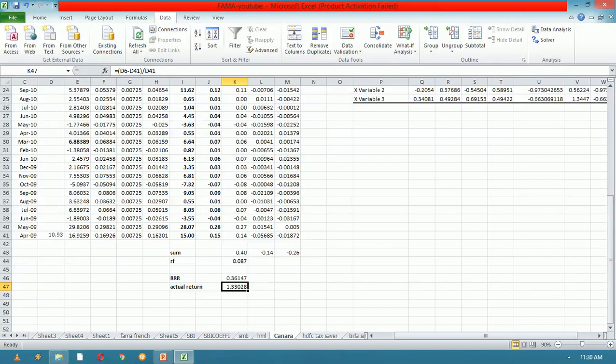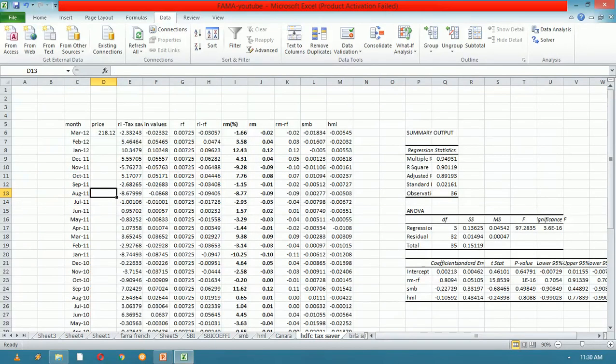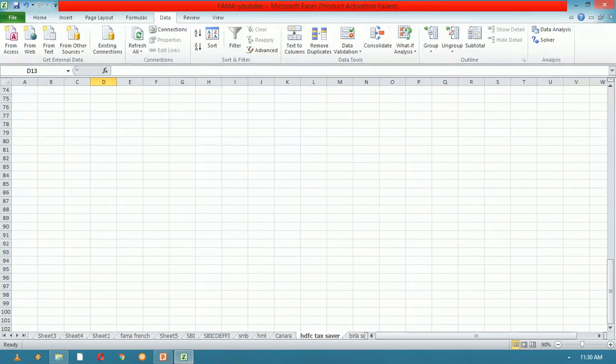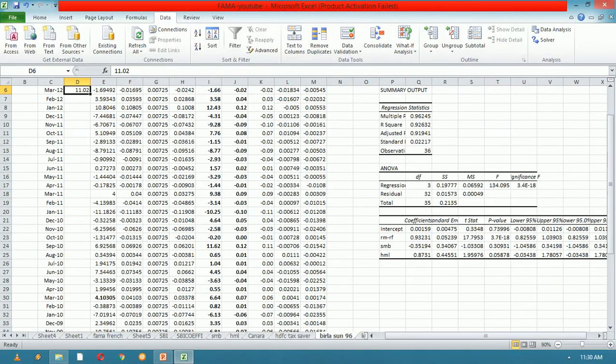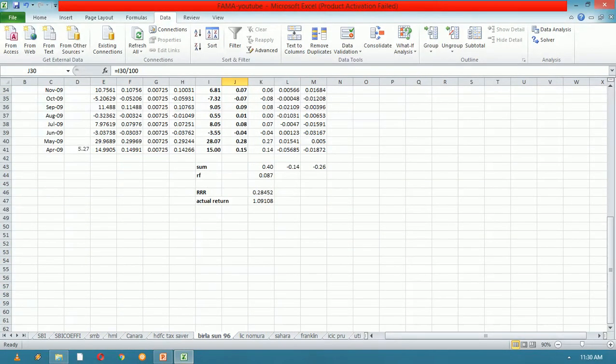Like that it has been calculated for all the schemes, right? I have separately placed every sheet, that is all 30 schemes. You see, LIC, Sahara, Franklin, like that I have calculated the required rate of return of all the schemes.